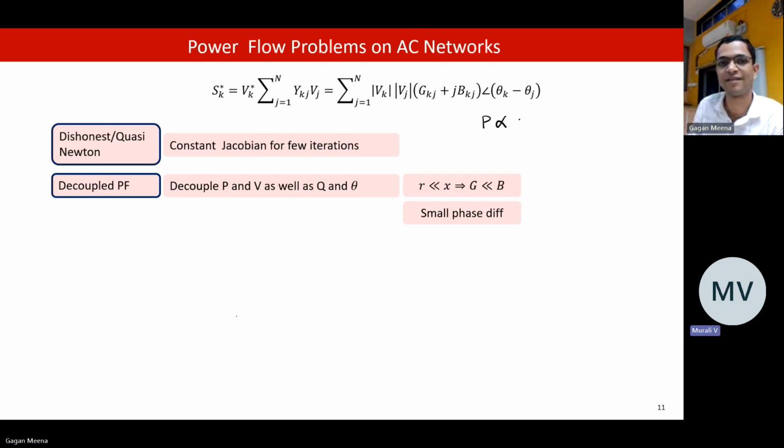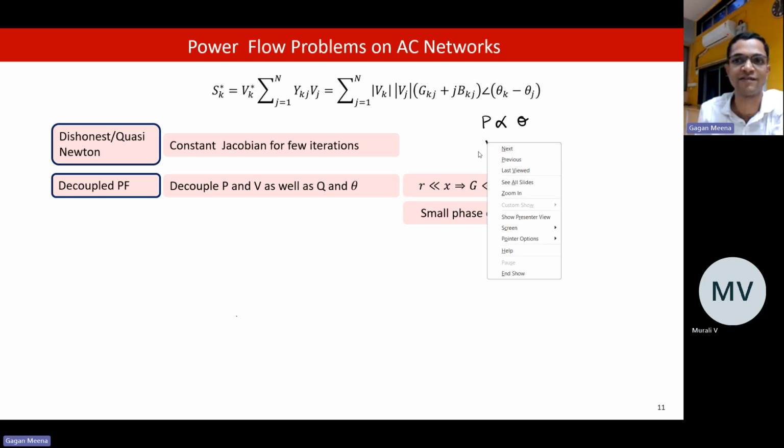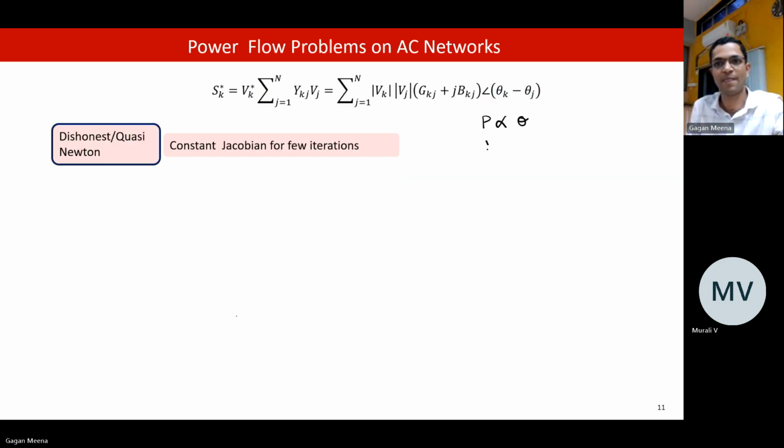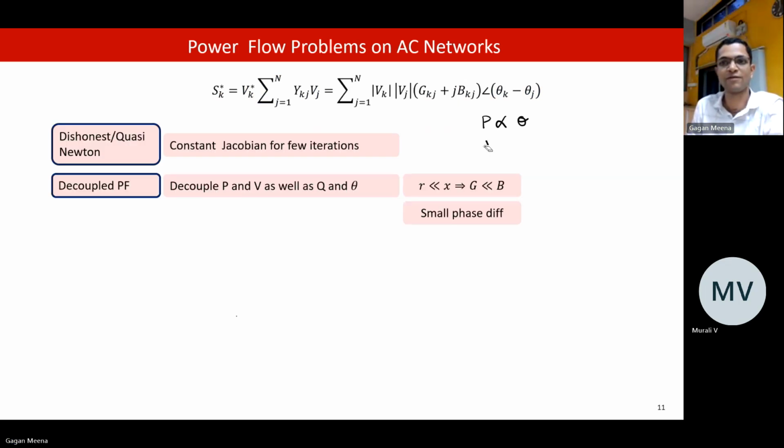P depends upon angle, because power is directly related to the frequency of the system, and angle is directly related to the frequency part. And Q is directly dependent on voltage.